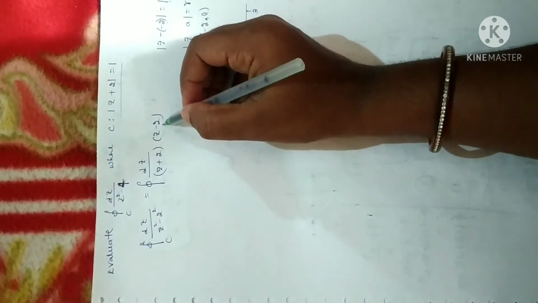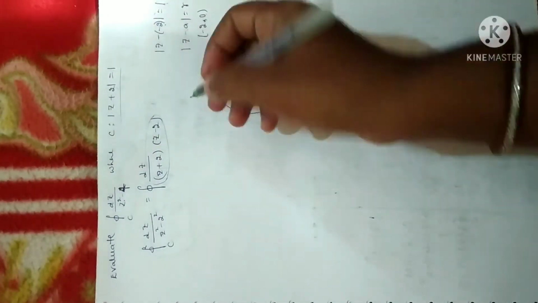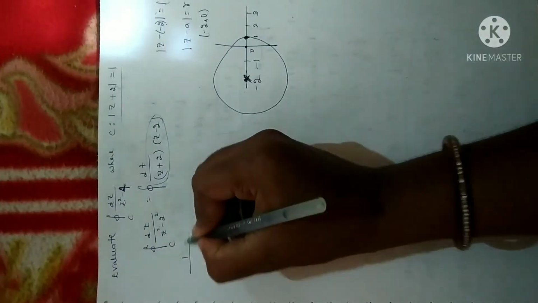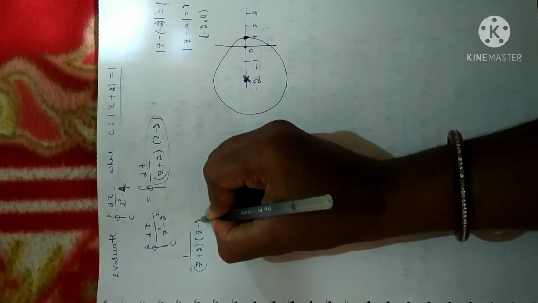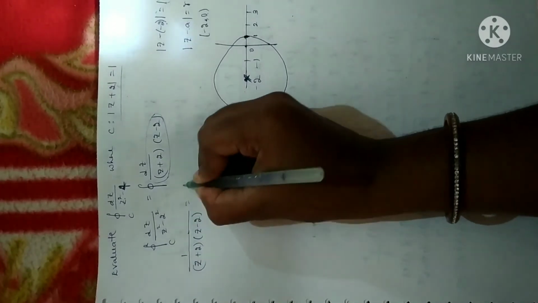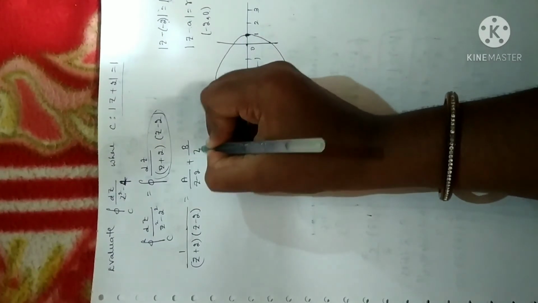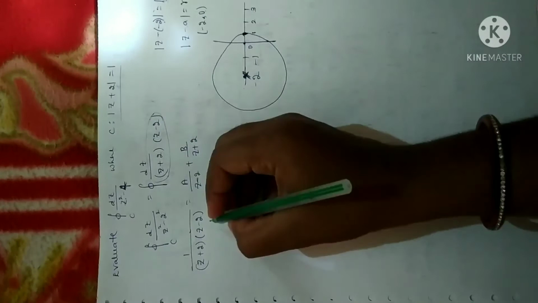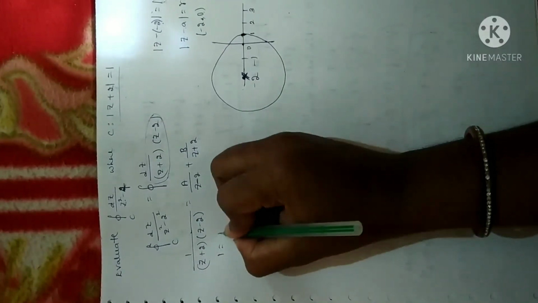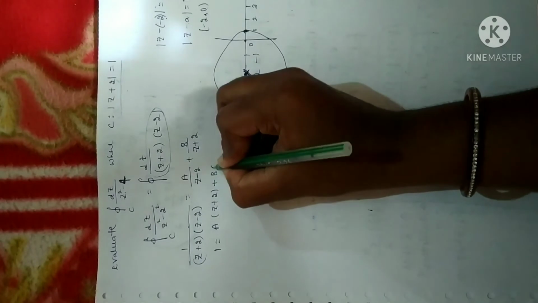Now I can split the denominator by using partial fractions, as we did in the previous problem. So let me consider 1 divided by (z + 2)(z - 2). It can be written as A divided by z minus 2 plus B divided by z plus 2. You can write it in either order, it's your wish. So 1 = A(z + 2) + B(z - 2).